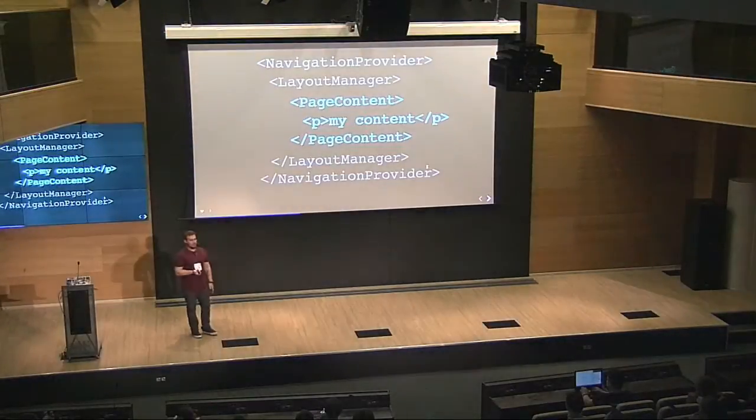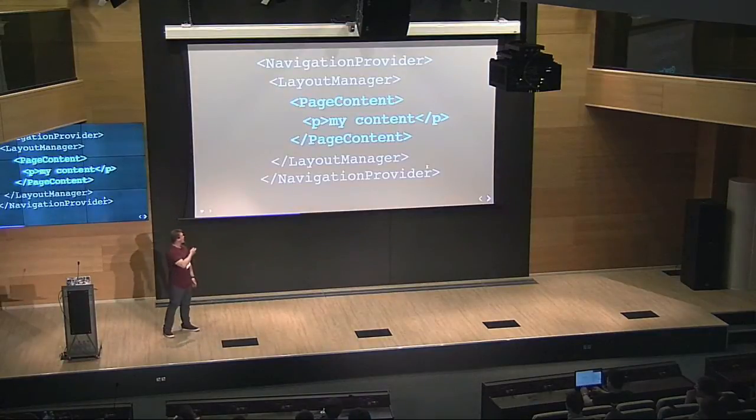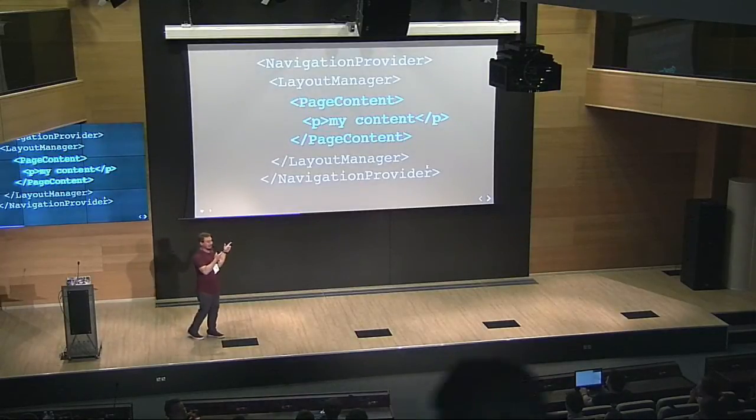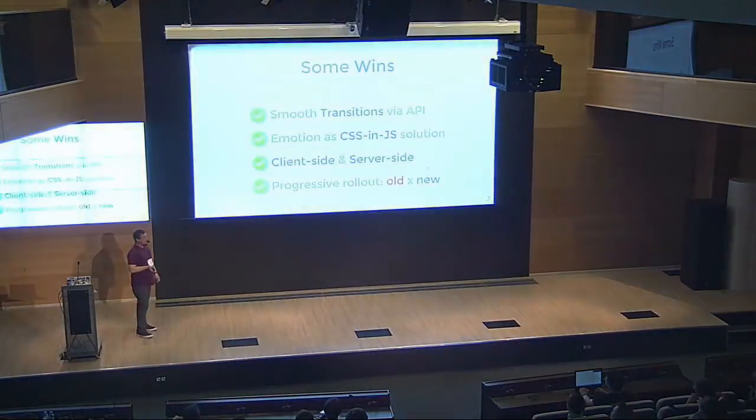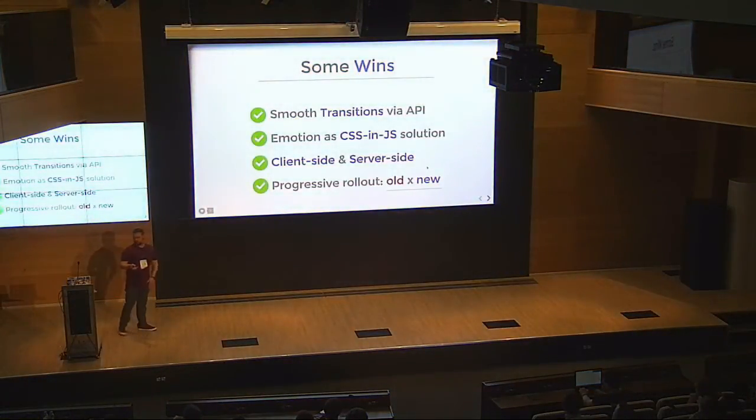And inside of this, you have the page content, and the page content has the content. Okay, now at least I can read that and understand what's going on. Page content has a page content. Okay, not that bad. But more than this, we got some orderings. We had smooth transitions via API.